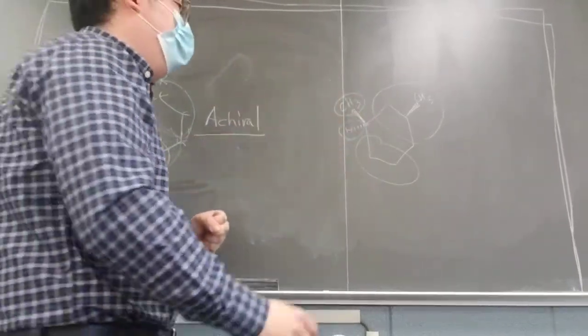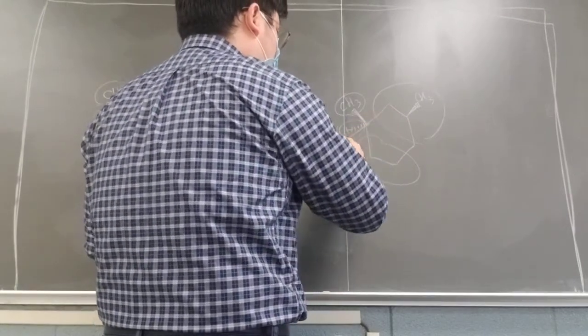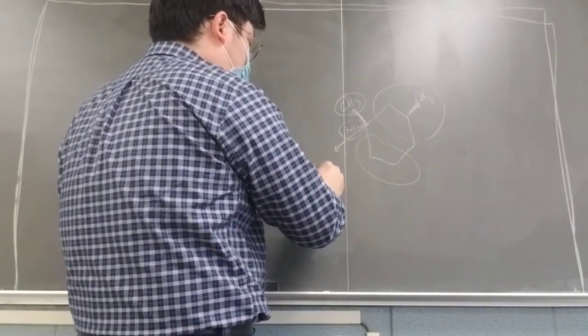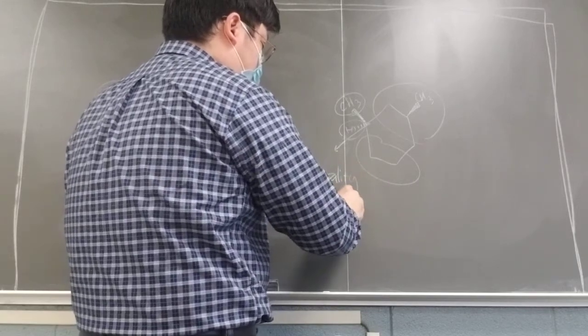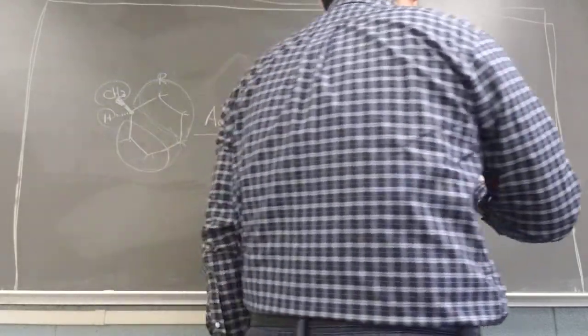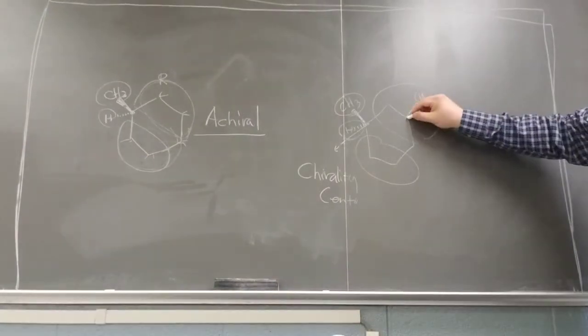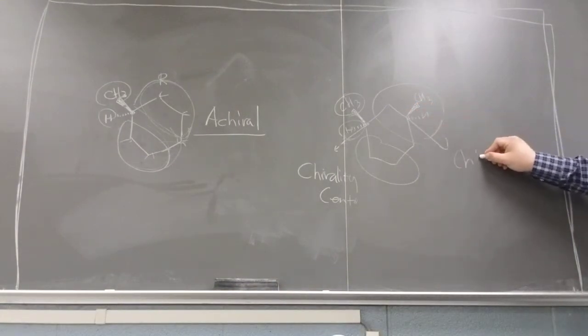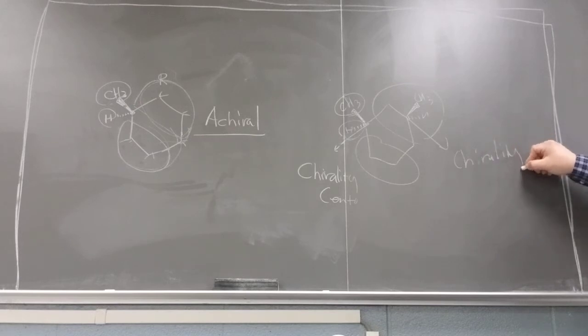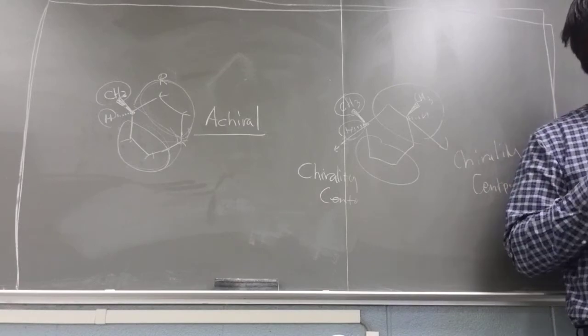Okay? So it is okay to say this one does have a chiral center. This is a chiral center. For the same reason, this is also a chiral center. Okay? So the point is, you can also find a chiral center on a carbon in the ring structure.